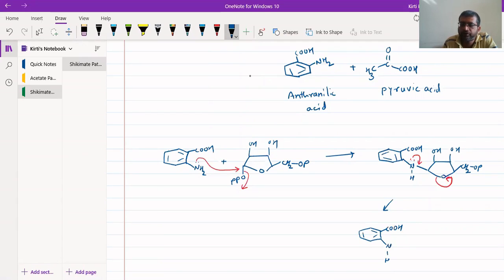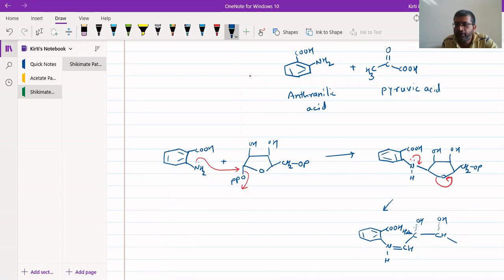Here we have an NH, double bond, CH, then we have a C. Here we will have H and a dotted OH followed by a dotted OH with the H over here.